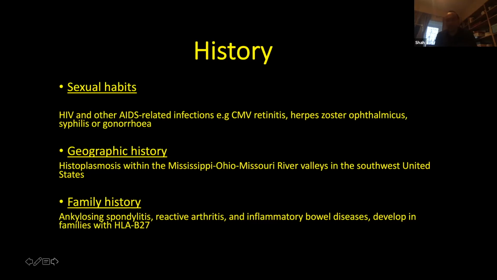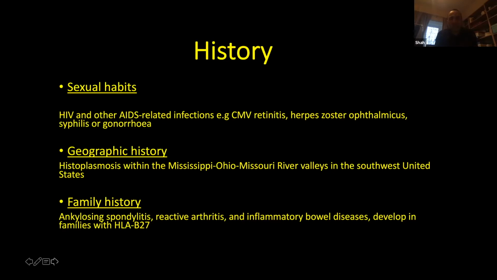That's because the body is unable to mount an inflammatory response, and so they won't present with the typical redness and floaters that the immunocompetent patient would get. So it's pretty important to notice that. The other big statistic is that patients with syphilis, something like 40 or 50% of them, also have HIV. So it's important to know that.